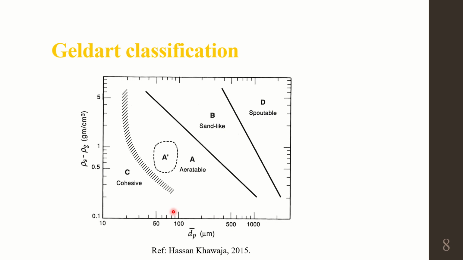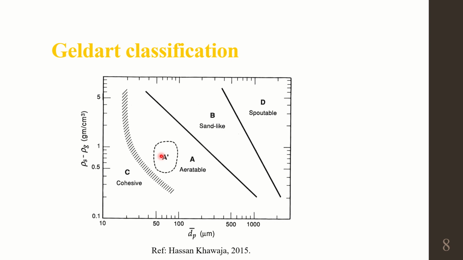In industries, the majority would be using Geldart A particles, because bubble formation is very much minimized in Geldart A particles. Also, A dash, as you can see, is the fluid catalytic cracking FCC catalyst, which comes under the Geldart A class.